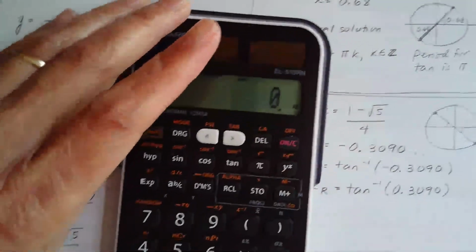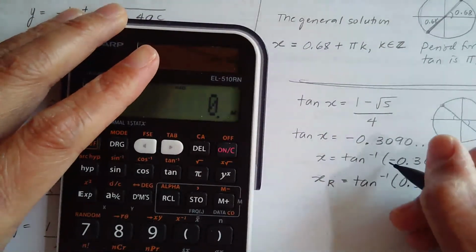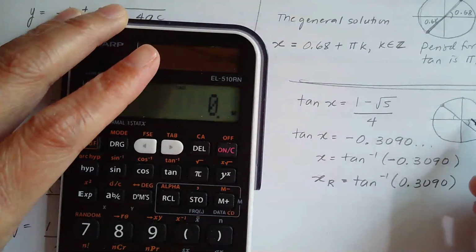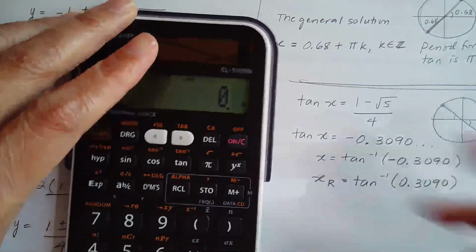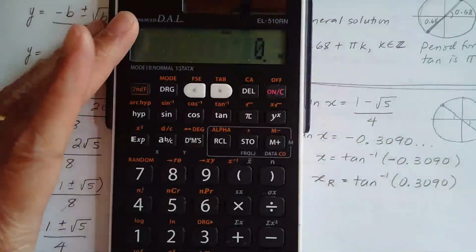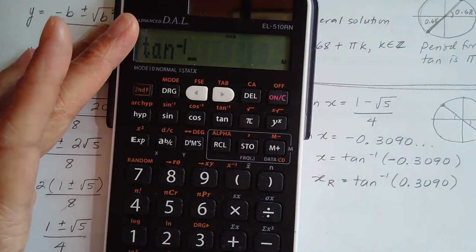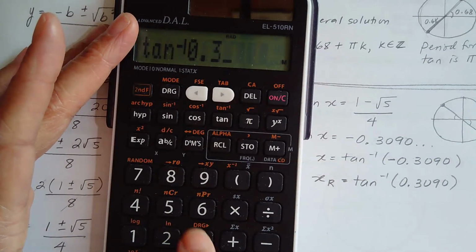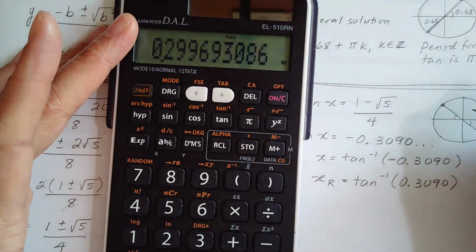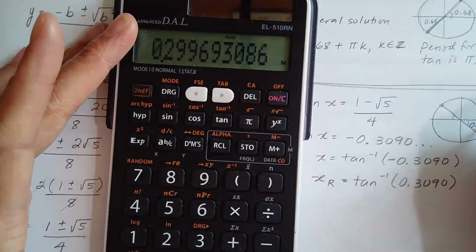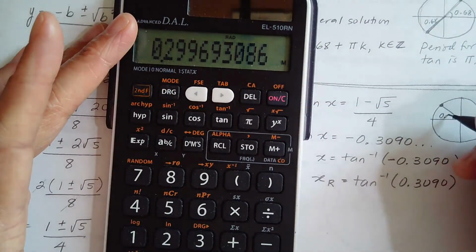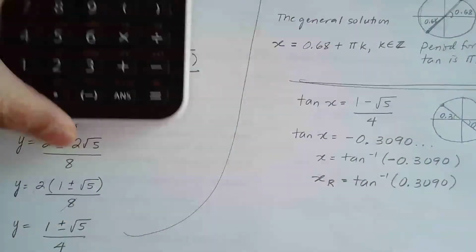So if we figure out the reference angle, then I could get that reference angle there. I'm going to just do the positive so that for my reference angle, I don't have to worry about negative values. So tan inverse of 0.3090. Reference angle is 0.3, which is kind of nice.